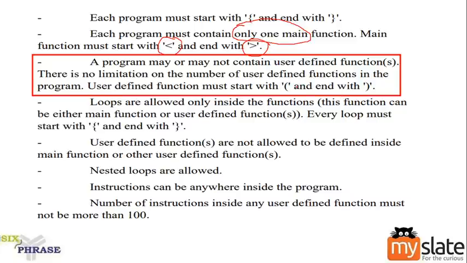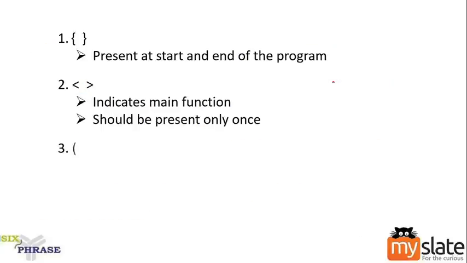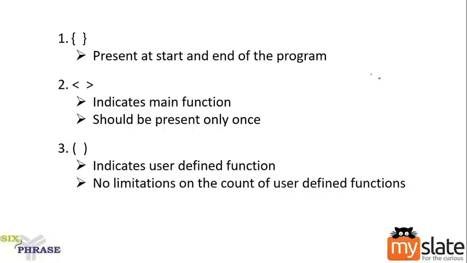So I can understand that the round bracket indicates user-defined functions, and there is no limitation on the number of them. The third thing they are telling about is round brackets. These indicate user-defined functions, and you may have any number of them.